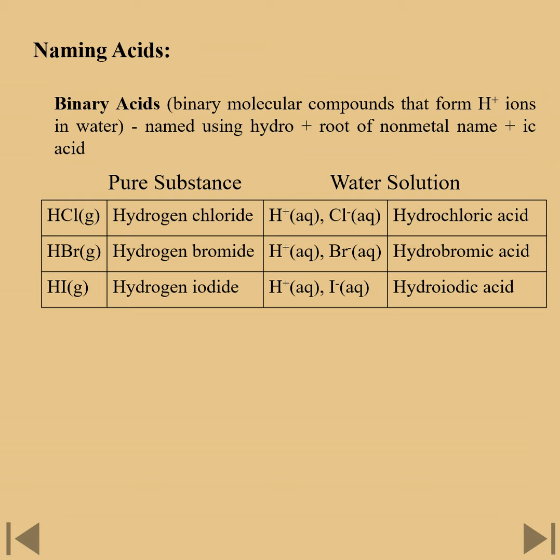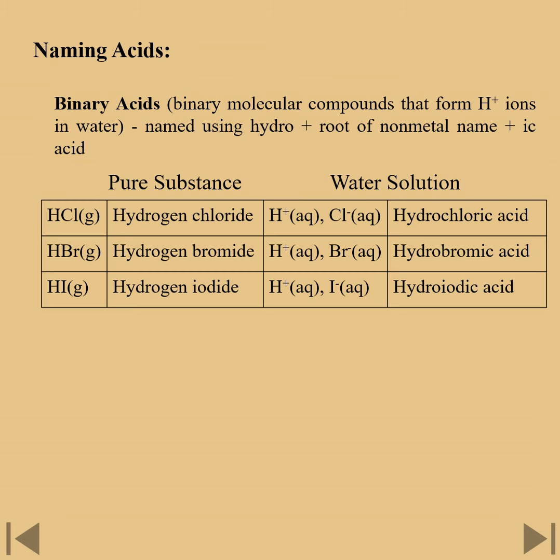At that point, we give them this new name and name them as an acid. So we have hydrochloric acid for HCl in water, hydrobromic acid for HBr in water, and hydroiodic acid for HI in water. And that aq essentially refers to aqueous, a water-based solution.